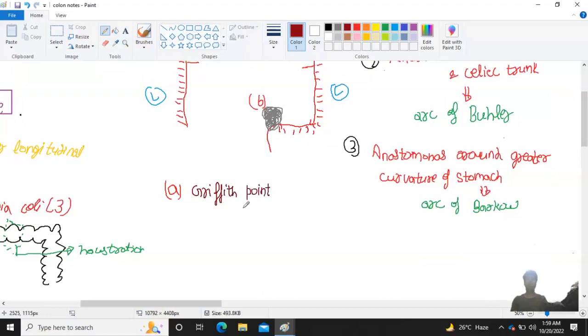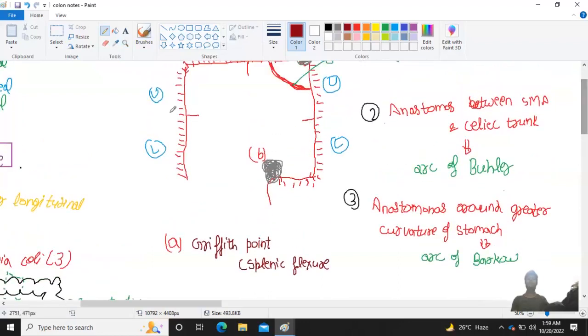which is basically the left side splenic flexure. Remember, one is the hepatic flexure and the other is the splenic flexure in the colon. The right side is the hepatic flexure and the left side is the splenic flexure.